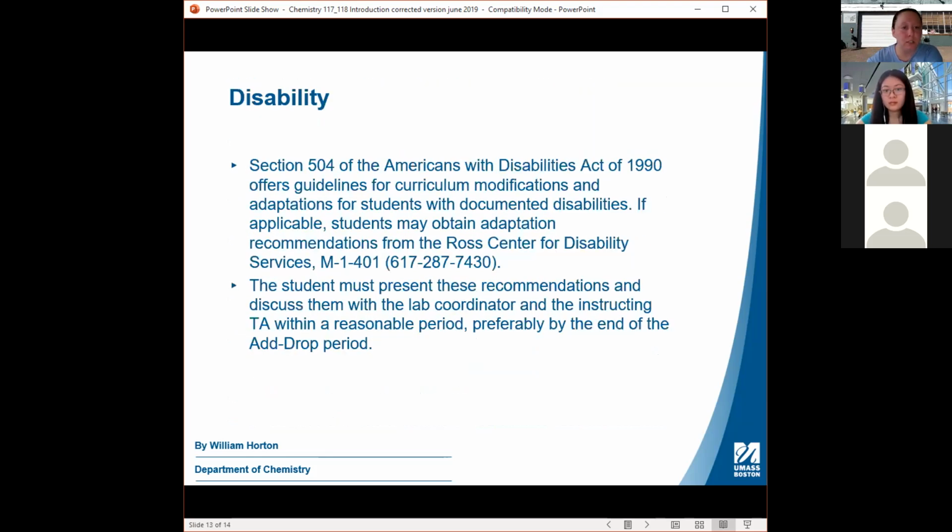All right, so if you have a disability, which many people do, you don't need to, but you may disclose your disability with the Ross Center. The Ross Center is in charge of working with people with disabilities to notify professors about any accommodations that you may need.